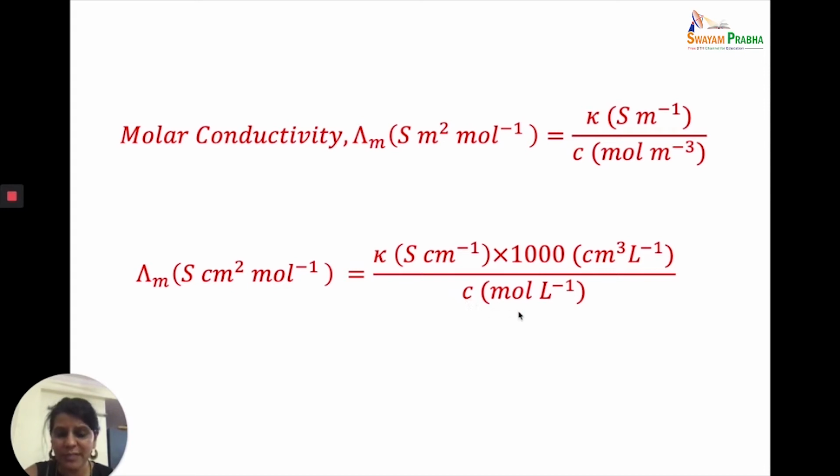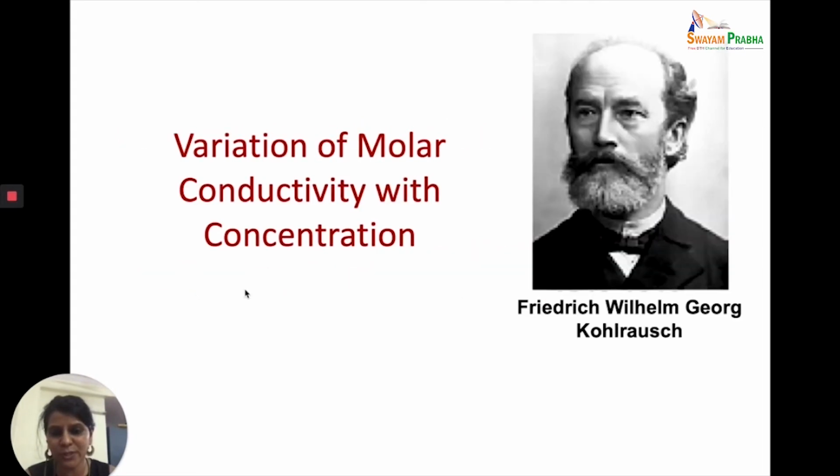So if I divide C by 1000 to convert it into moles per centimeter cube, the 1000 will go into the numerator and we get kappa in Siemens centimeter inverse into 1000 upon C in moles per decimeter cube or moles per liter. This leads to the value of lambda in the units of Siemens centimeter square mole inverse. So the units of lambda are either Siemens meter square mole inverse, which is the SI, or Siemens centimeter square mole inverse, which is the normally used unit.